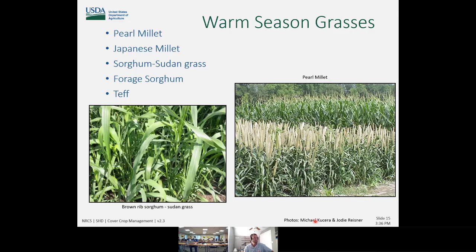So things like pearl millet, Japanese millet, sorghum Sudan grass is very popular. One of the forage sorghums could also be popular. Something like teff, a lot of these could be popular. A lot of these have fibrous root systems, so we're supporting that soil biology, also could be breaking up compaction, could be scavenging a lot of nutrients, and also building a lot of aggregates in these systems as well.